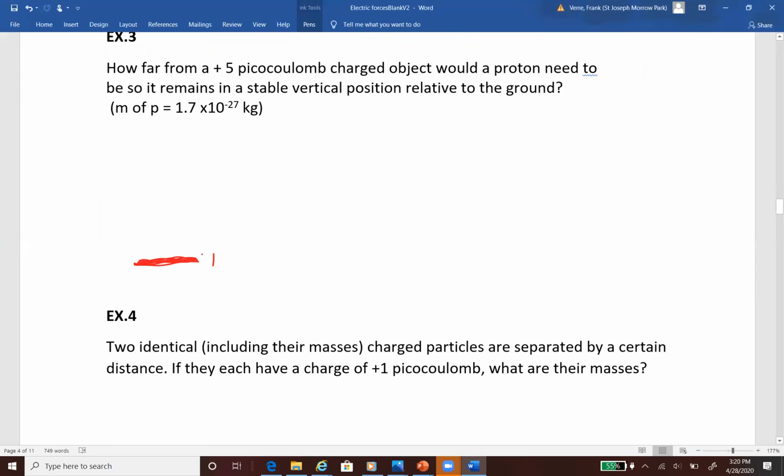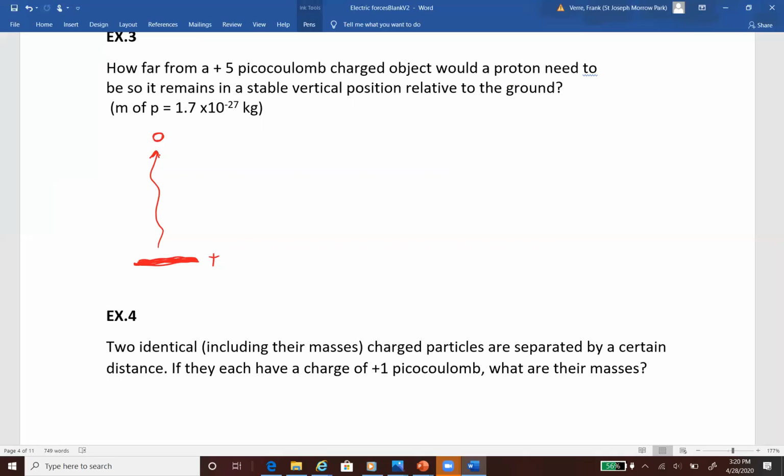Okay, it's positively charged, and then there's some proton some distance up from my charged object. We're going to figure out how high this thing needs to be so that it's in a stable position above the ground. So if it's not going up or down, what does it tell us about the forces?